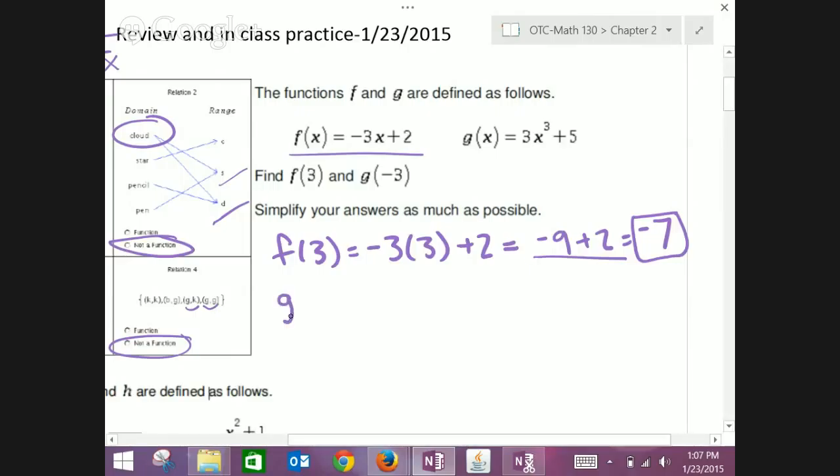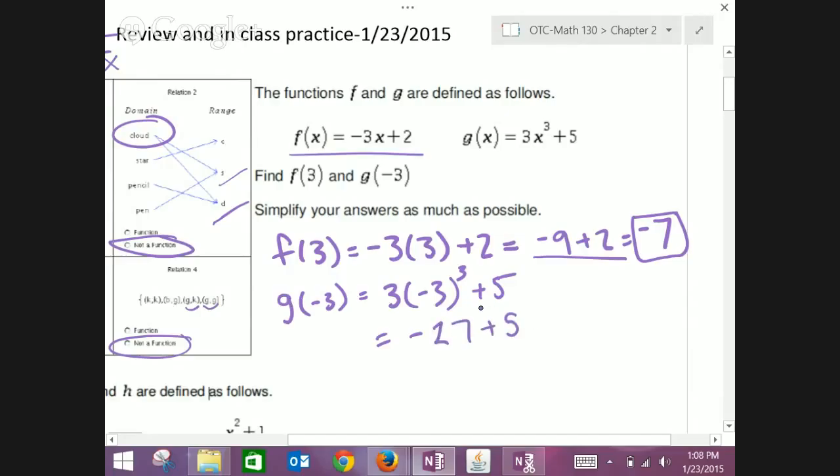What about, especially here with this G of -3, G times the quantity -3 cubed? What would this be? -27 plus 5.